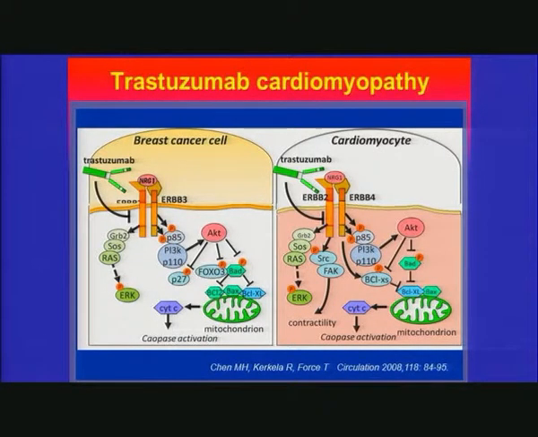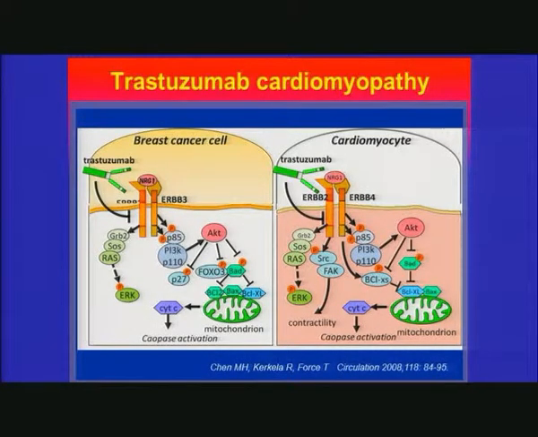What happens in the cardiomyocyte? Here is a cardiomyocyte. The cardiomyocyte has a very similar transduction because EGFR is here, but the subtype is different. This is ERB-B3, but in a normal cardiomyocyte, it is ERB-B2 and B4 type. However, the intracellular signaling pathway is very similar, and if we give Herceptin here, then in a normal cardiomyocyte this ARC pathway is inhibited.